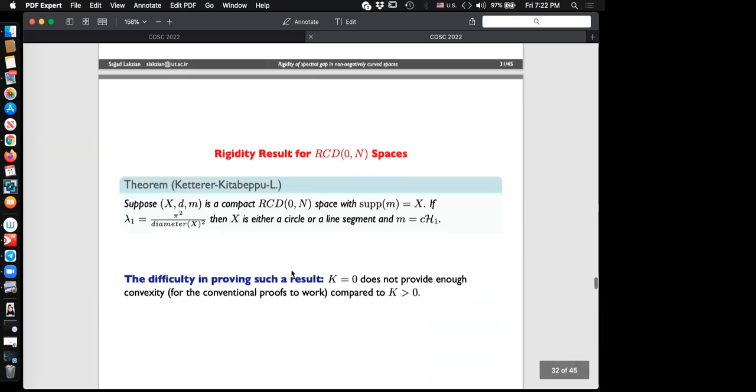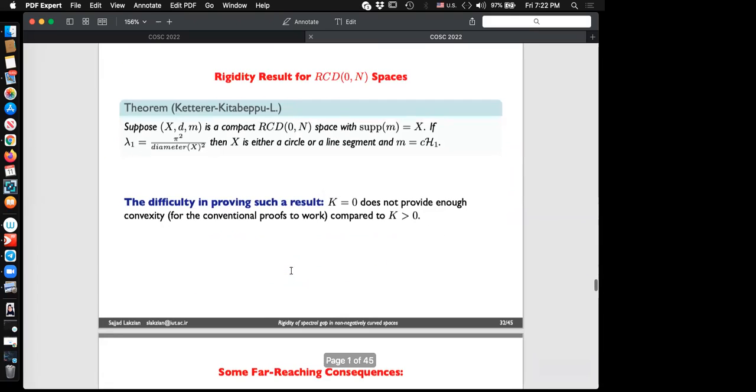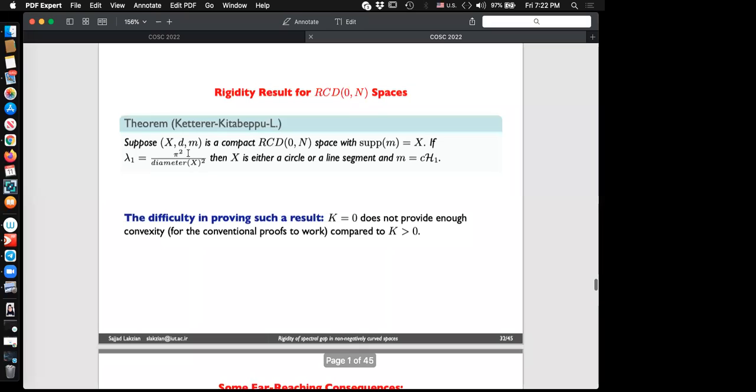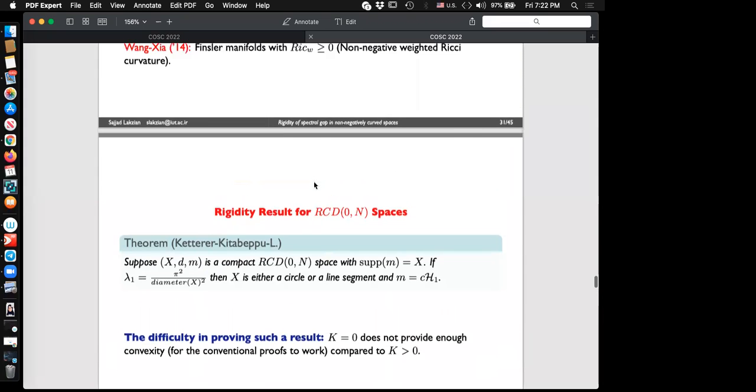So let's get to what we want to, well, I'm not going to prove it here. I'm just going to list some stuff. What we showed with Christian and Kitabeppu is that if we have a non-negatively curved RCD space with a synthetic dimension bound, so it has to be RCD(0,N), and full support, as is usual that we assume for this kind of problem, and if the same bound is achieved, then X is either a circle or a line segment, and m is also a constant multiple of H^1, the Hausdorff measure.